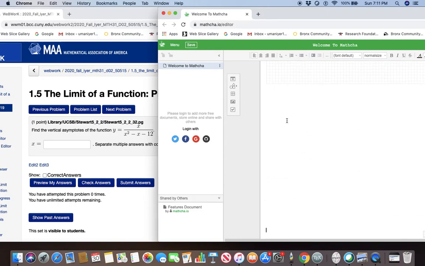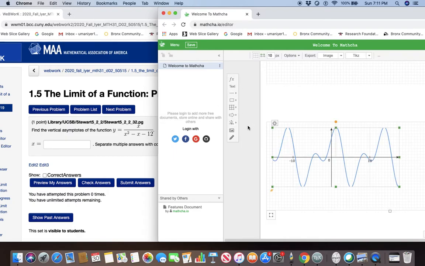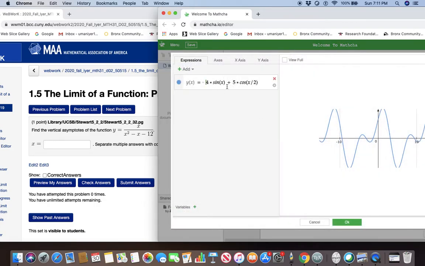So let's draw the picture: x over x squared minus x minus 12. You have vertical asymptotes over here and over here.